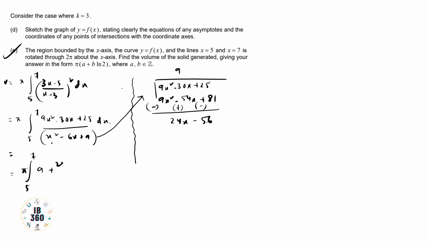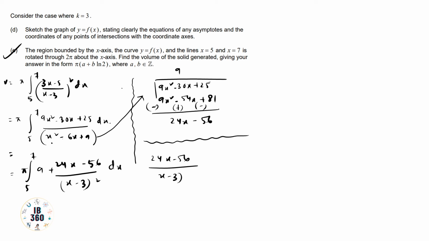9 plus (24x minus 56) divided by (x squared minus 6x plus 9) dx, I am writing it in this way. Now you need to apply one more formula, writing (24x minus 56) divided by (x minus 3) whole squared in terms of a by (x minus 3) plus b by (x minus 3) whole squared.